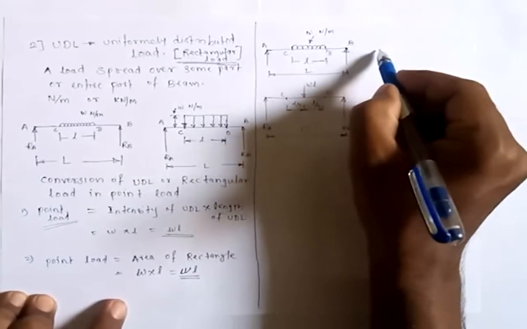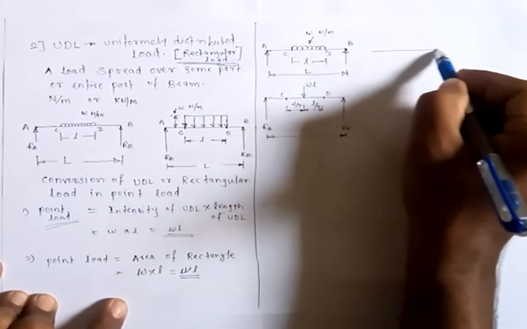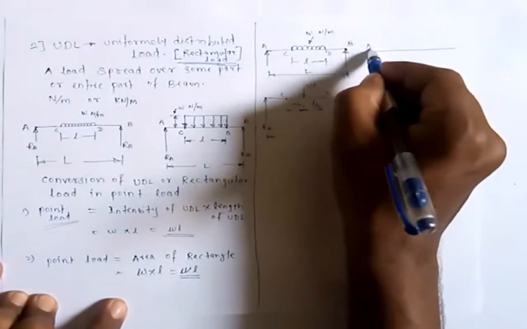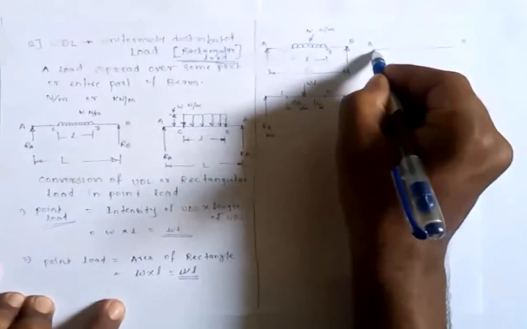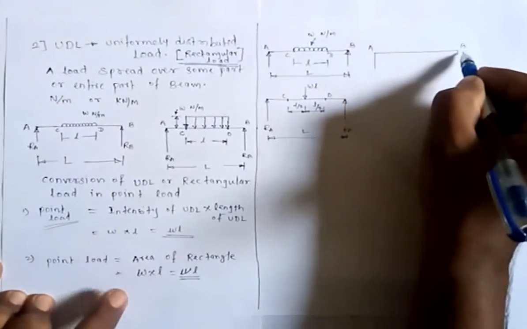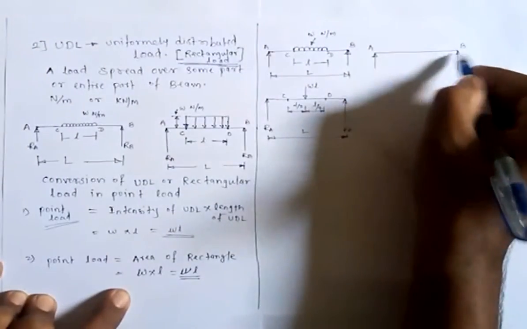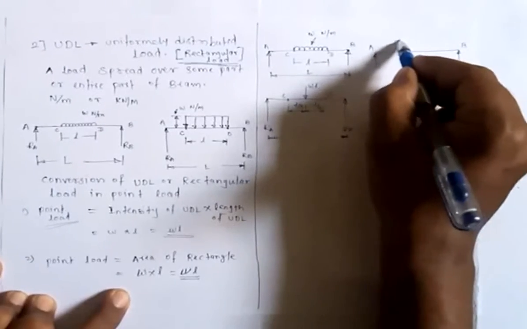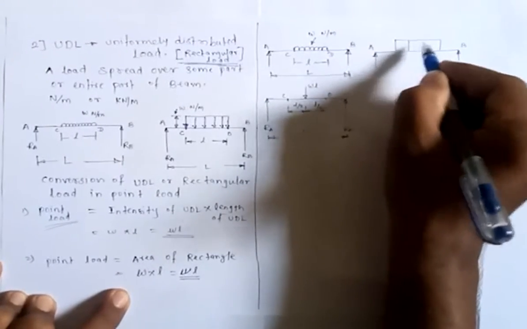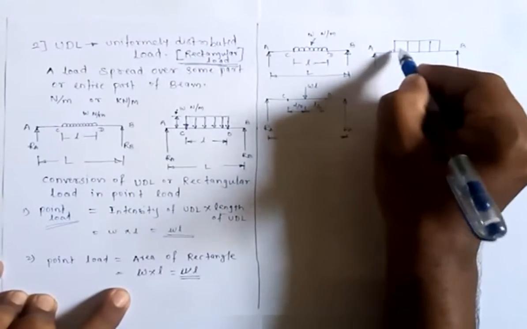Then same is the case with rectangular load. Let us consider one beam AB once again, having two supports at both the ends. Let us assume that there is a rectangular load acting between point C and D of this beam.